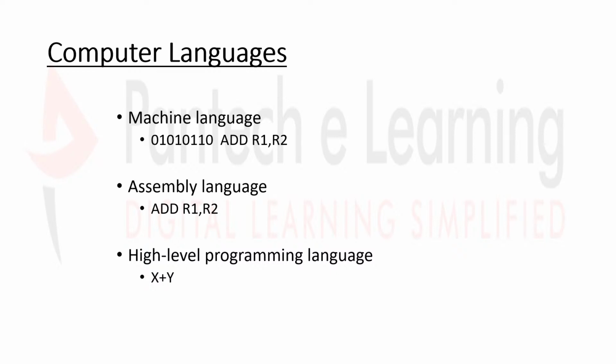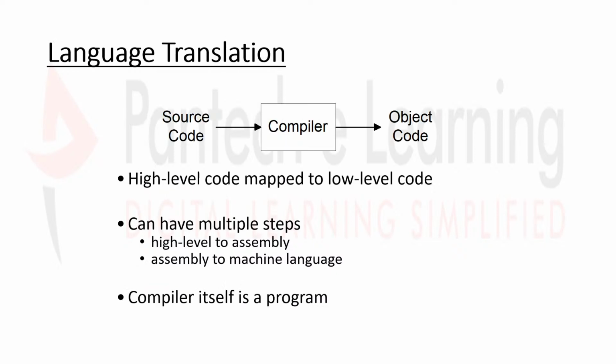So now let's see how our languages work, how they are translated. For example, if we have a code, which we build using C, C++, Python or Java, this is generally called source code.